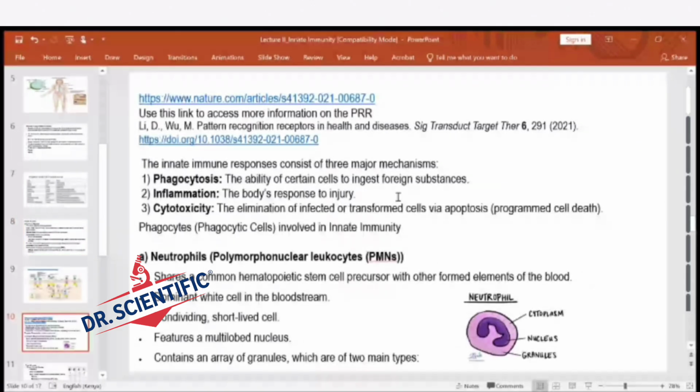So, of course, eventually I'll share with you these notes. You'll go to this article, I'm giving you the link here. You read in detail what PRRs are, what they do. Of course, this is where I got this, but there's more information about this.